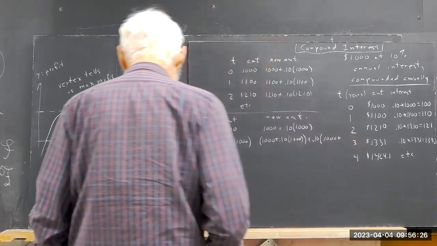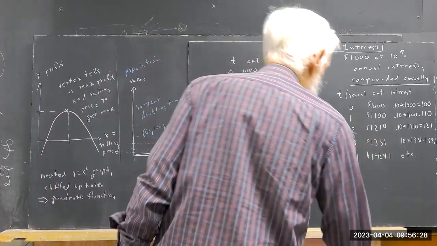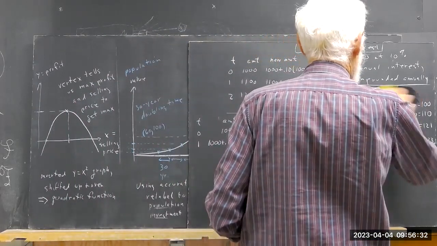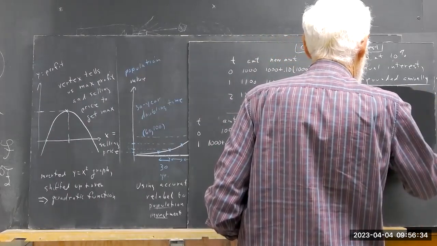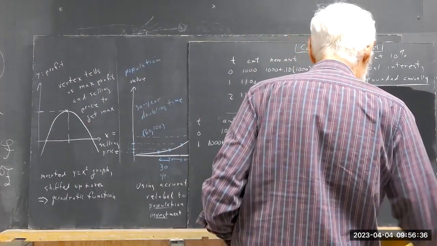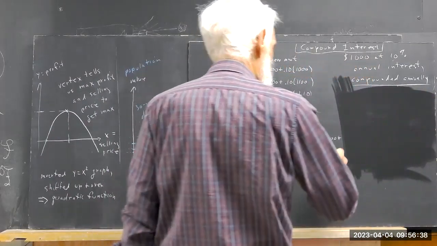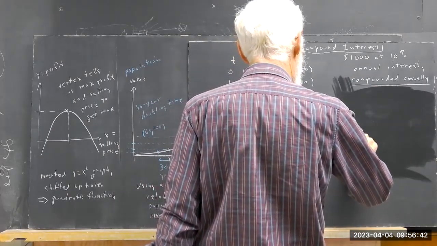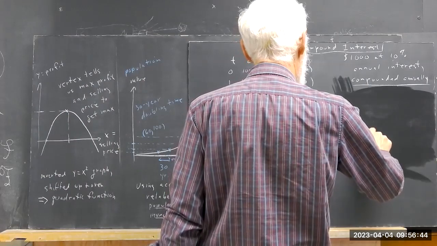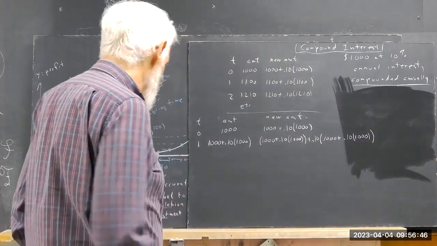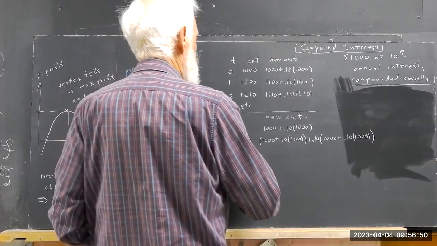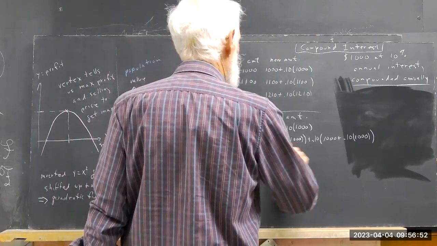I still don't have enough room, so I'm going to have to erase this table. We already know that table, so we can do that. So what I've done is I've written my new amount this way. And here it is again.